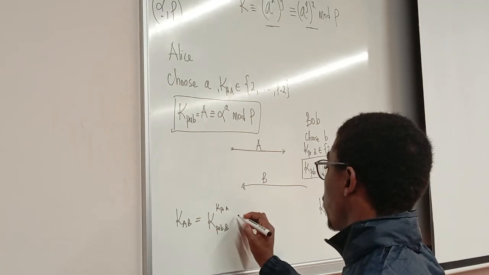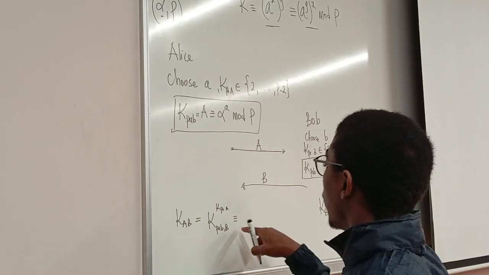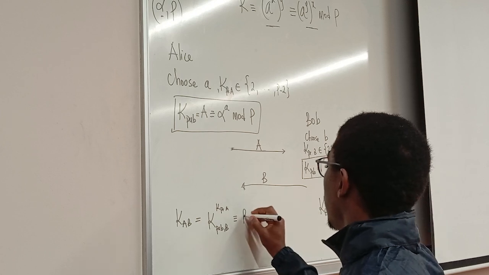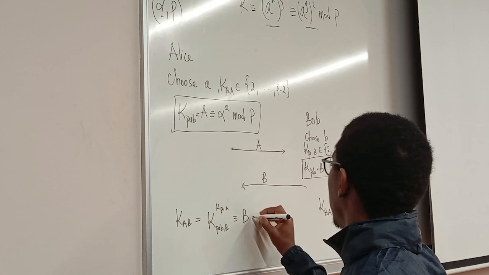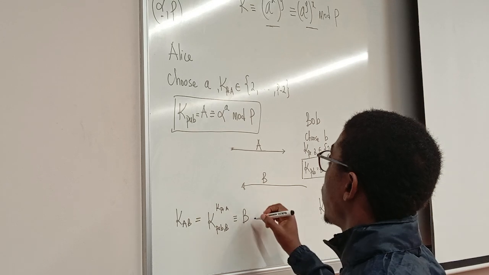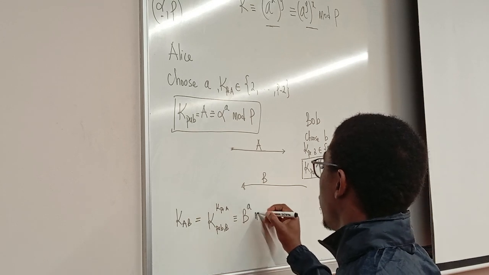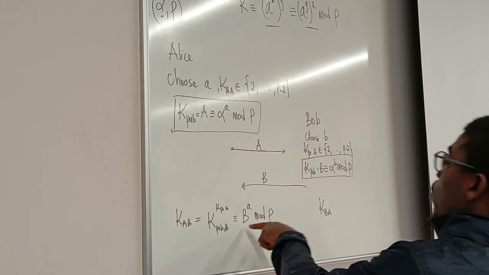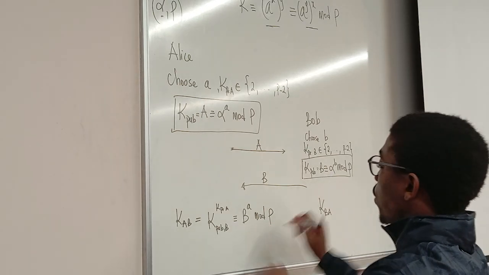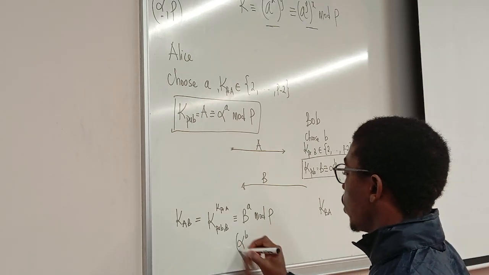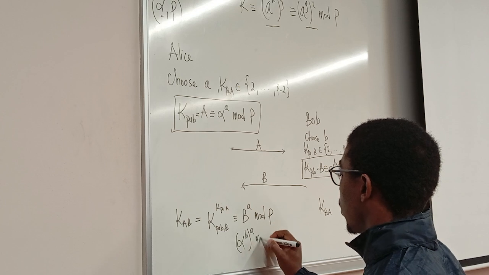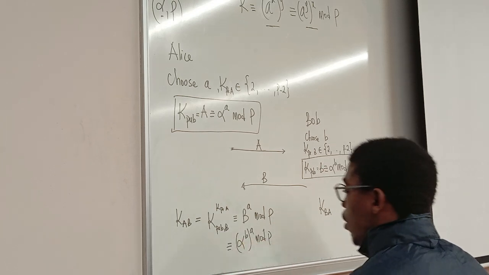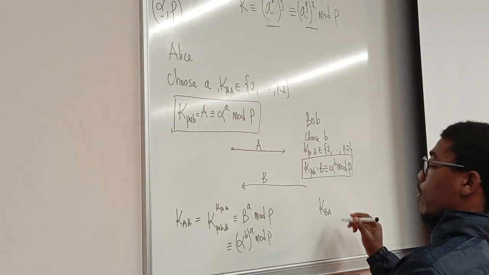That's what's going to happen, which is equal to the public key of Bob, which is B, raised to the private key of Alice, A, mod P. But we should note something. When you take a look at the public key of Bob, it's actually alpha to the power of B, A mod P.